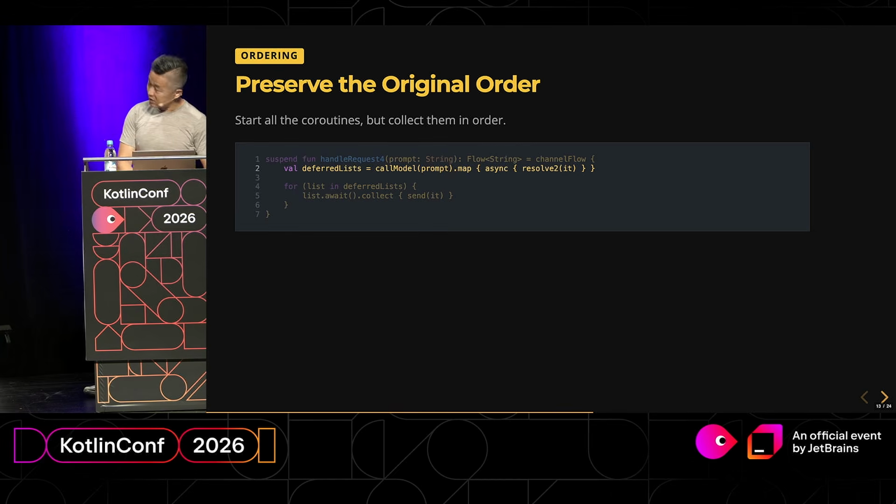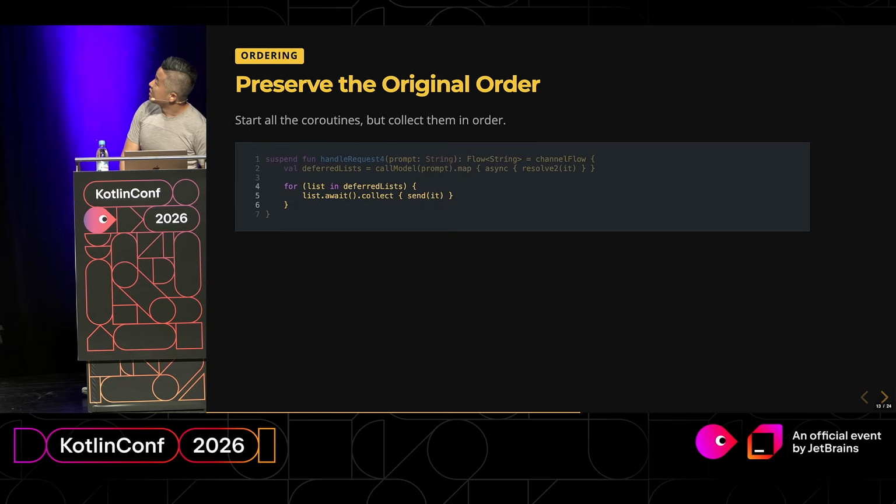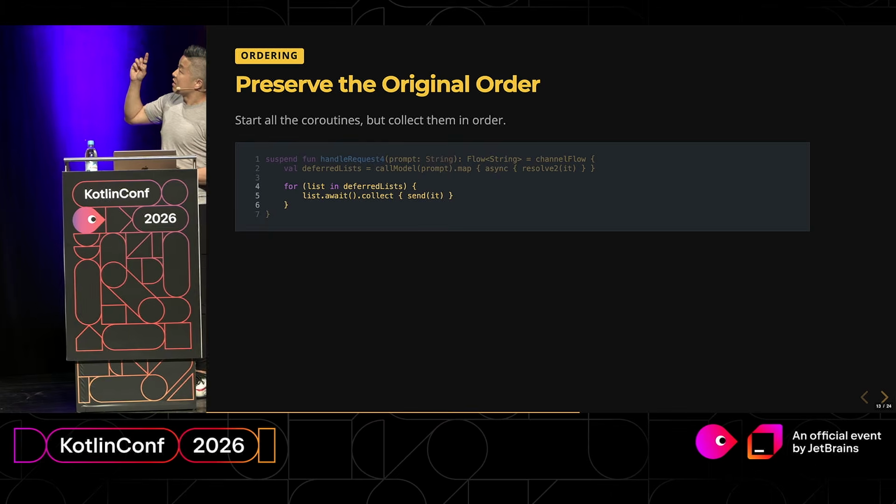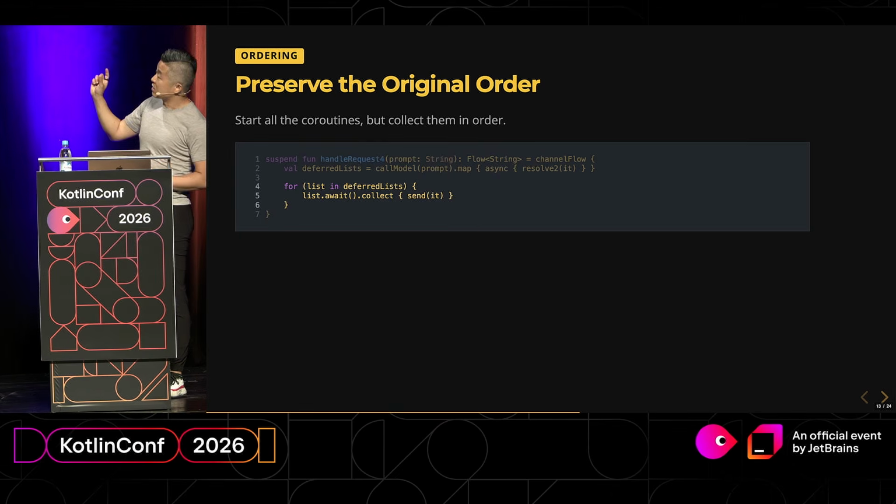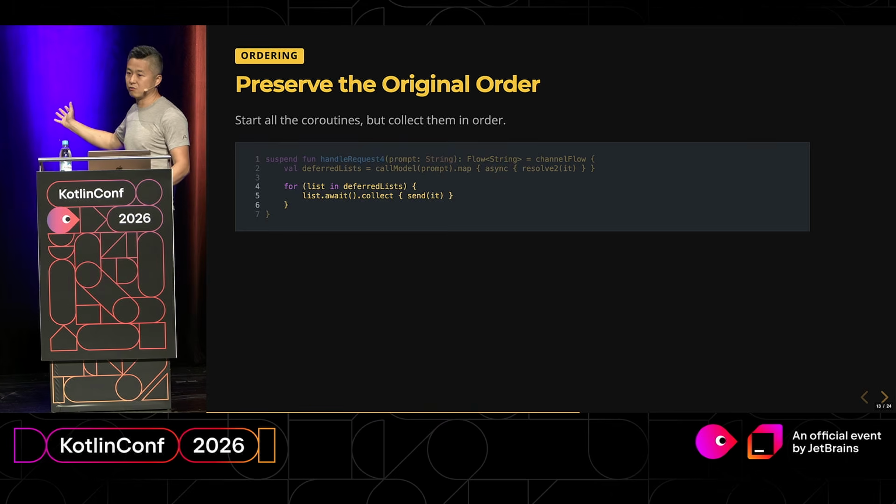So when you await, it returns a flow, nothing is done. And then when you collect, that's when the first flow is actually doing the work. So the second and third and fourth flow haven't done anything at all. So you can see everything is still running sequentially. That's a pitfall we run into a lot of times.